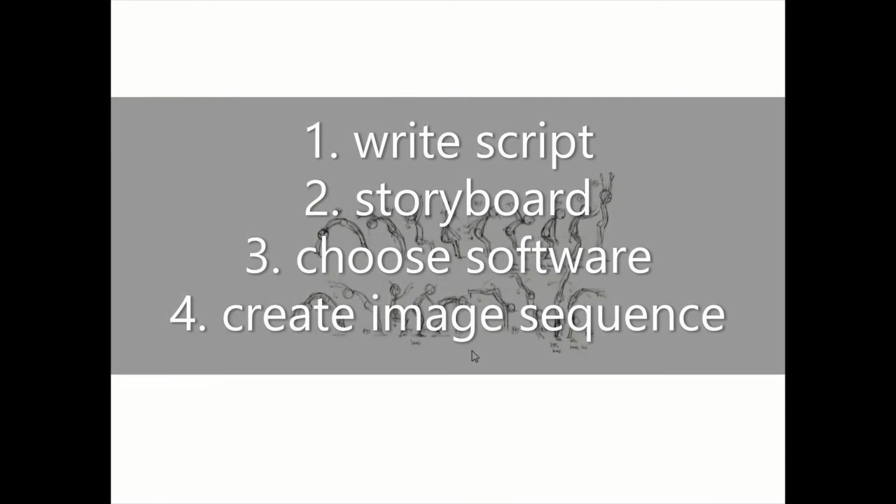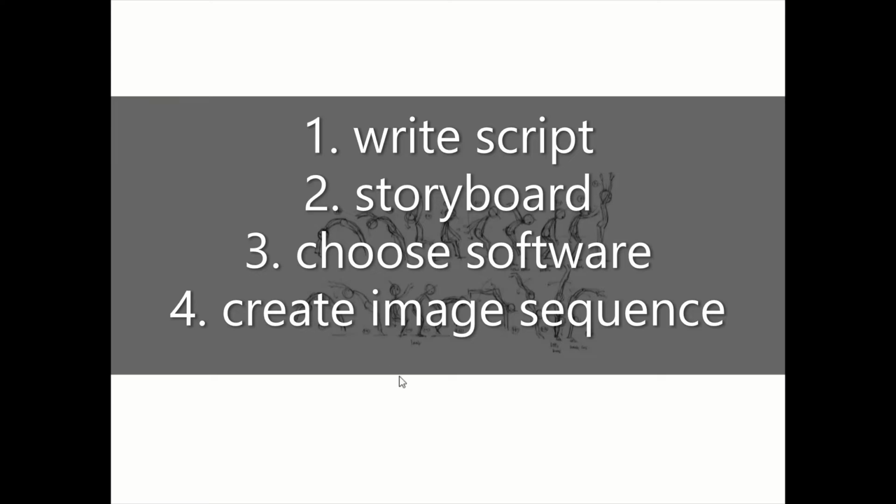So what you should do is first gather up in your mind all the activities that you wish to provide in the animation. If it's too complicated, then you may wish to create a written script with a list of activities and required objects, and then create a storyboard to visualize the animation. Next, choose the animation tool best suited for the job, and then build and tweak your sequences.